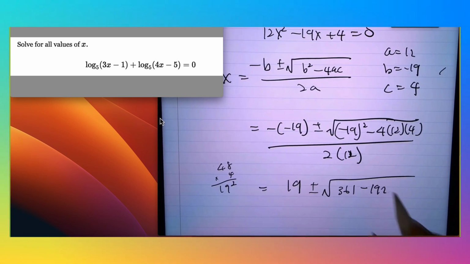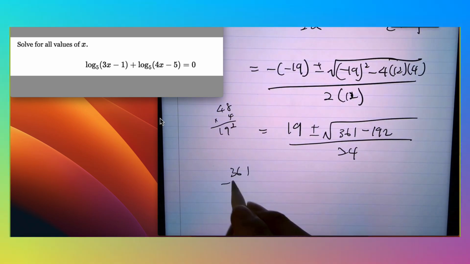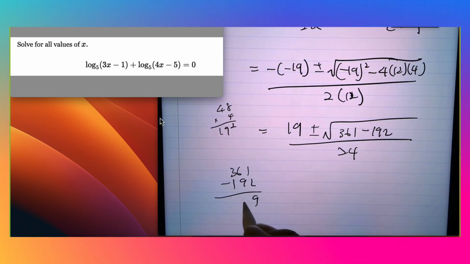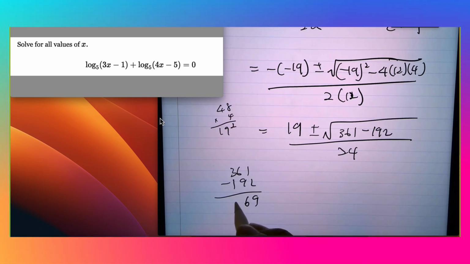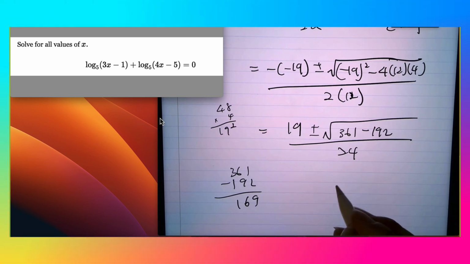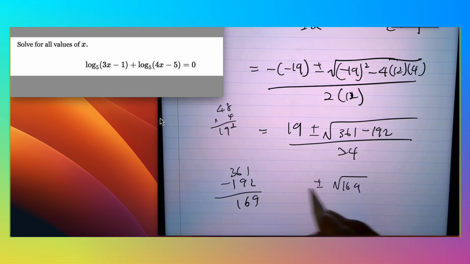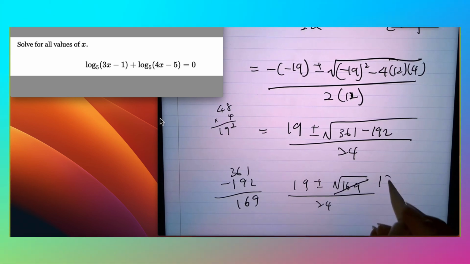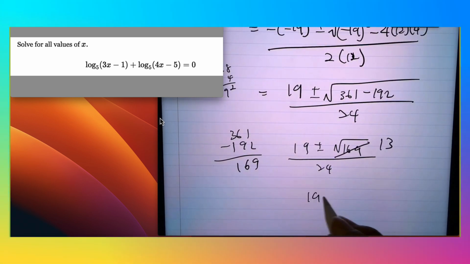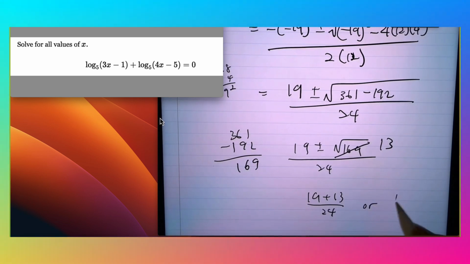So we subtract 192, divided by 24. 361 minus 192, we get 169. Okay, so that's a good number to square root. The square root of 169 is 13. So we have 19 plus 13 over 24, or 19 minus 13 over 24.